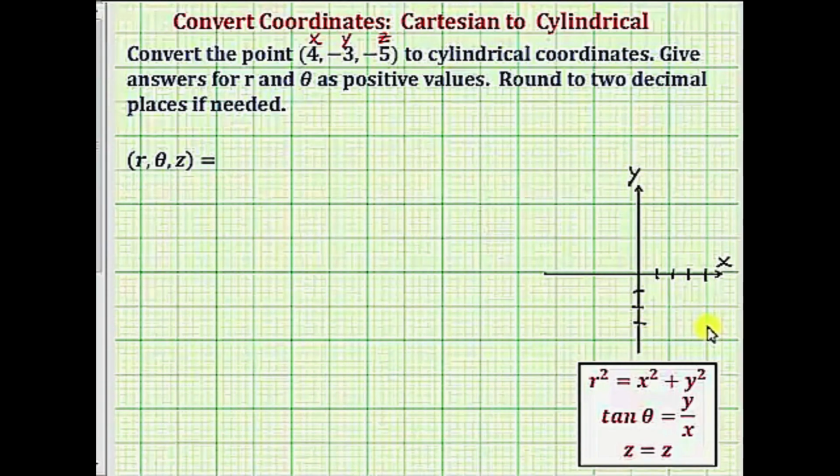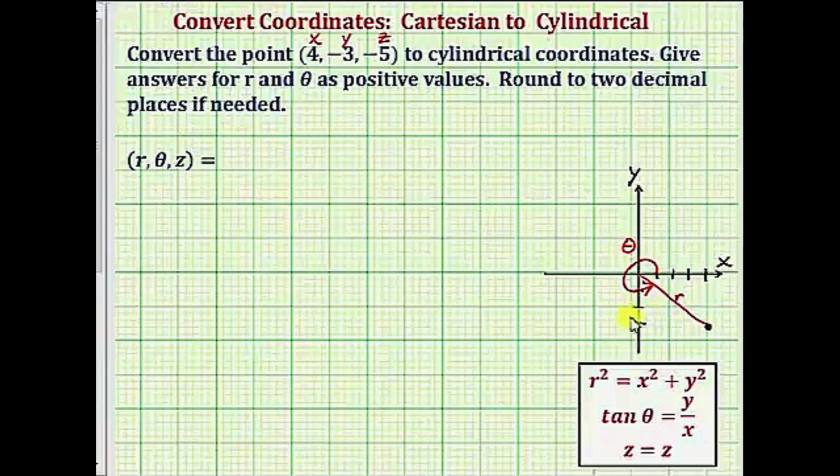So this would be the point 4, negative 3 in the xy plane. And therefore this distance here would be r. And then angle theta would be any angle that terminates along this side. But since we're looking for a positive value for theta, the least positive value for angle theta would be this angle here.